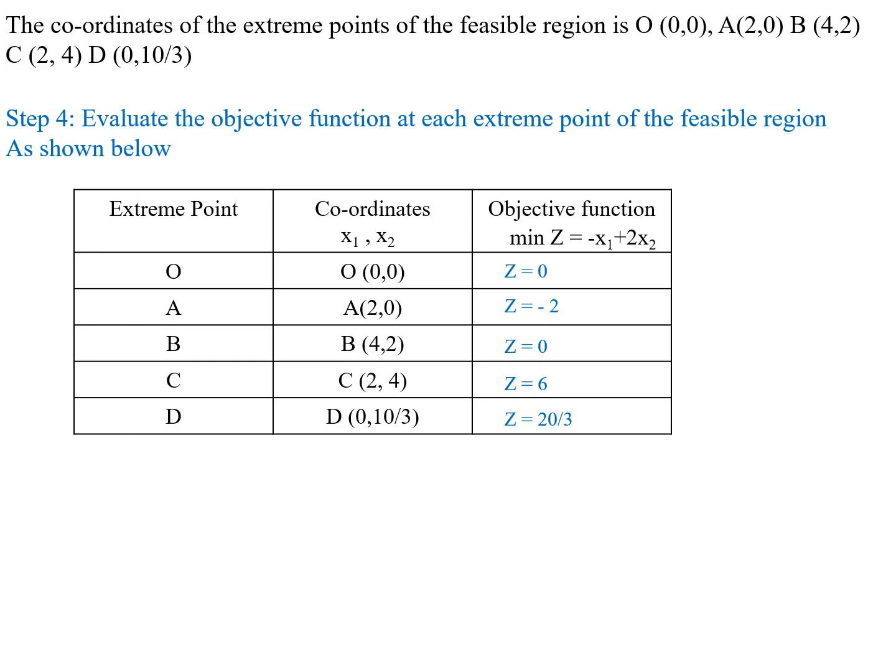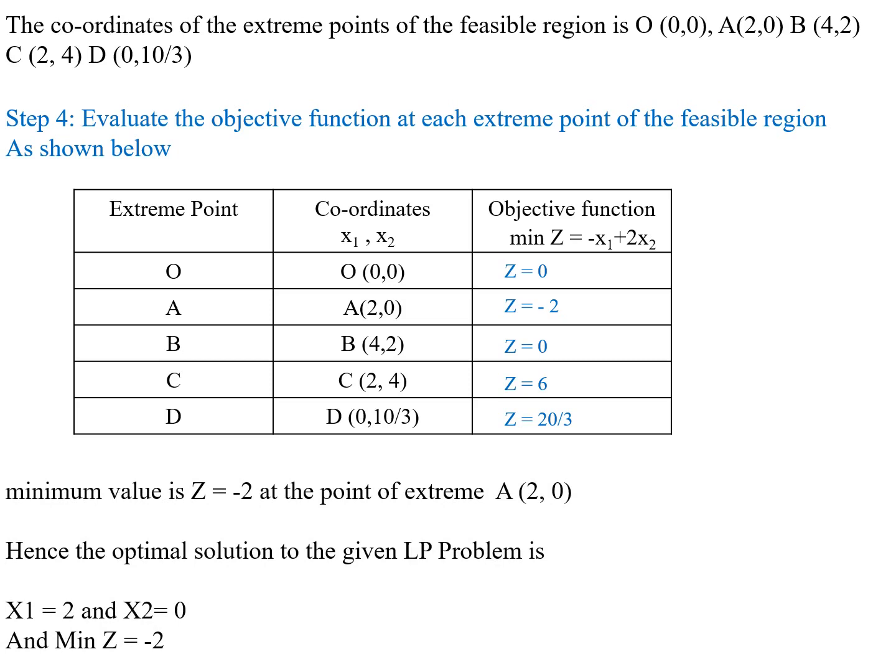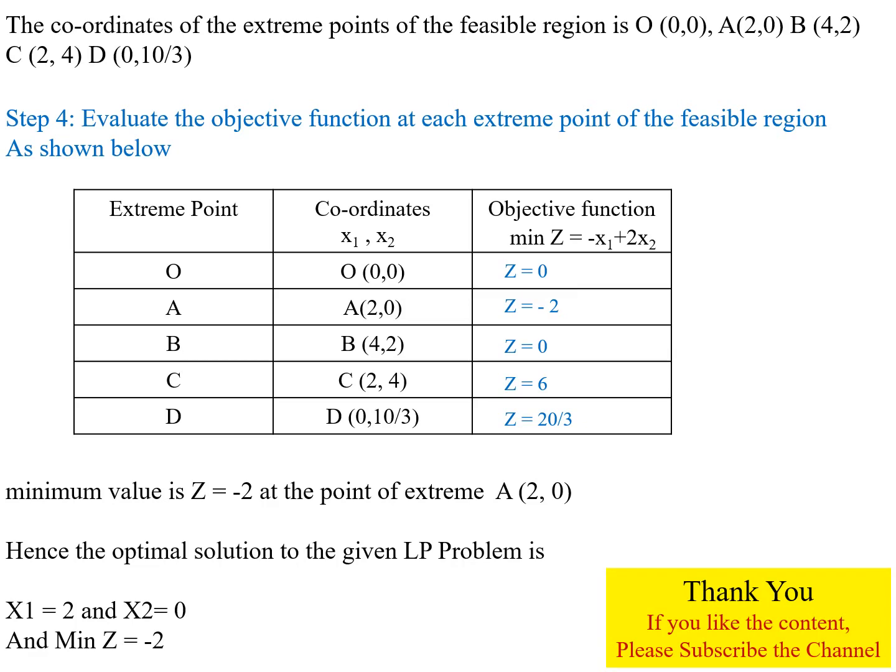Here we observe that among these z values, z equal to -2 is the minimum, at the extreme point A. So the optimal solution is x1 equal to 2 and x2 equal to 0, and the minimum value of z is -2. So this is the solution, and thank you.